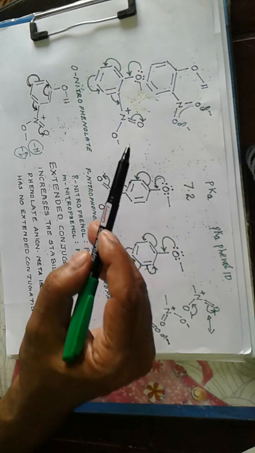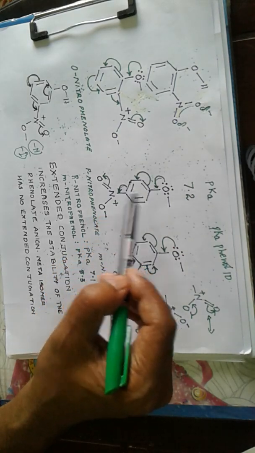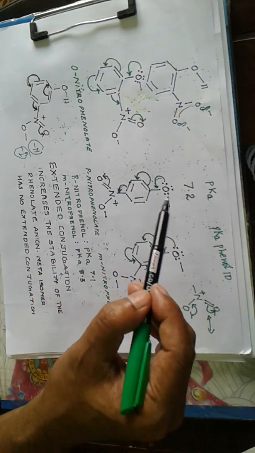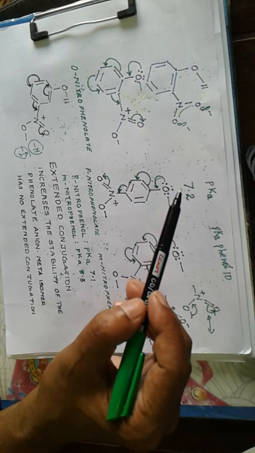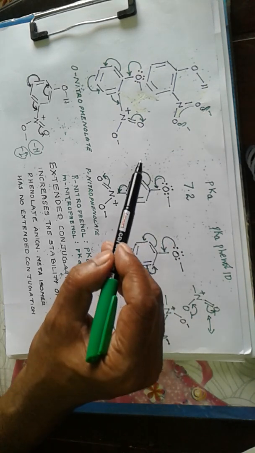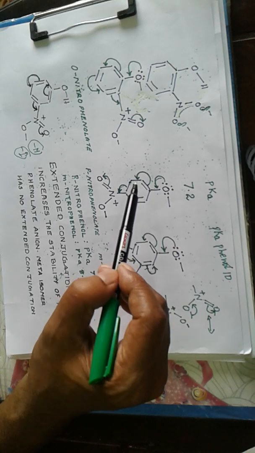But in the case of ortho- and para-nitrophenol, this extended conjugation makes the canonical structures more stable, and the phenolate anion is made more stable.